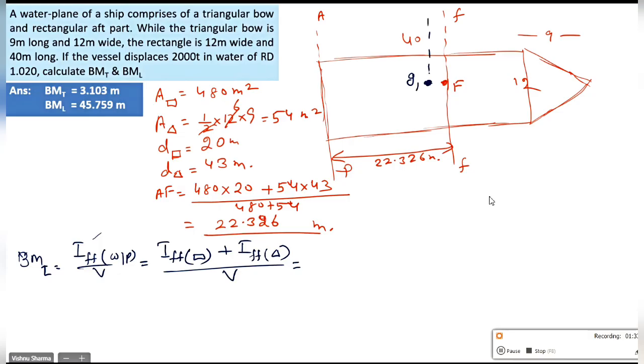Let me draw a parallel axis through this and call it XX. FF is not a standard axis for the rectangle, so I'll have to use the theorem of parallel axis. Is FF passing through the centroid of the triangle? No. Where is the centroid of the triangle? Somewhere here. I'll have to draw a parallel axis here also.